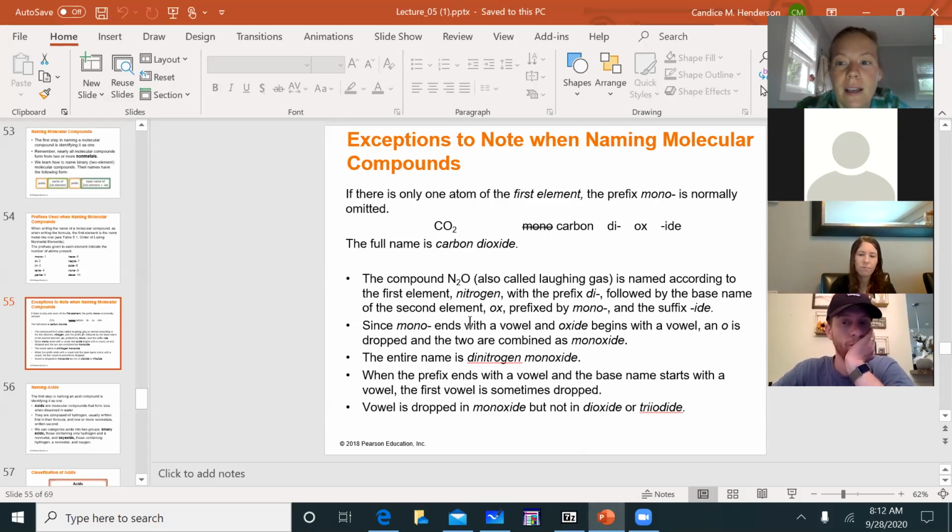I'm not going to really test you on the spelling. I'm not going to have one where the vowel is dropped and one where the vowel isn't dropped as your options. But since mono ends with a vowel and oxide begins with a vowel, the O is dropped so that we get monoxide, not two O's next to each other.